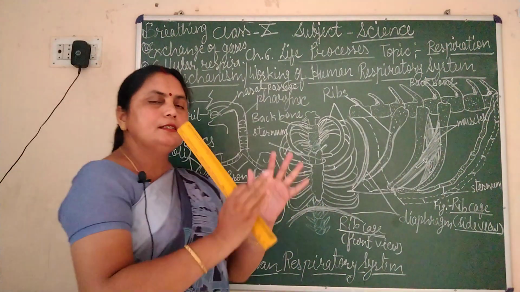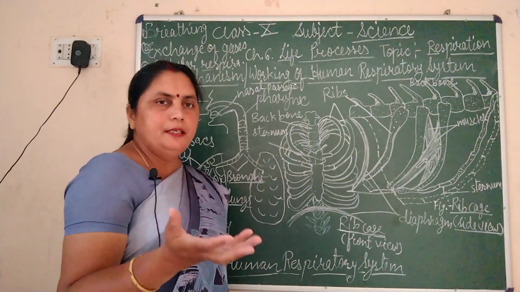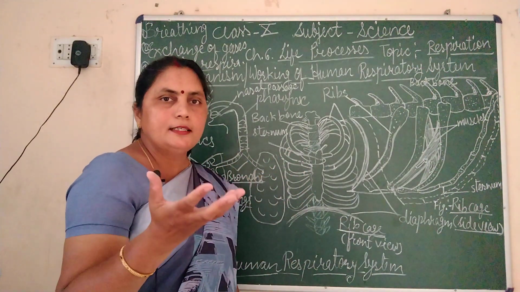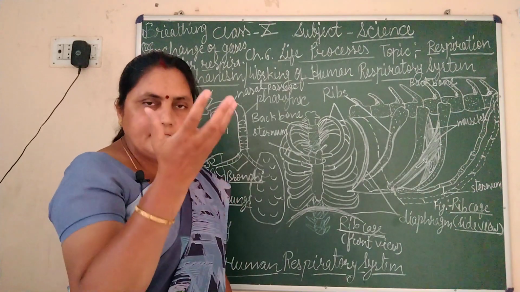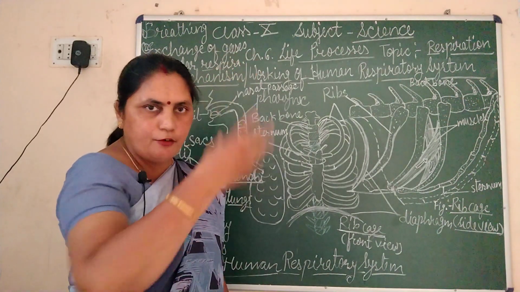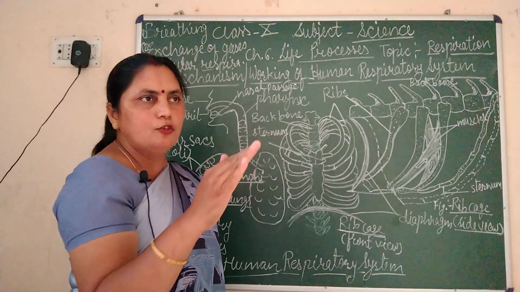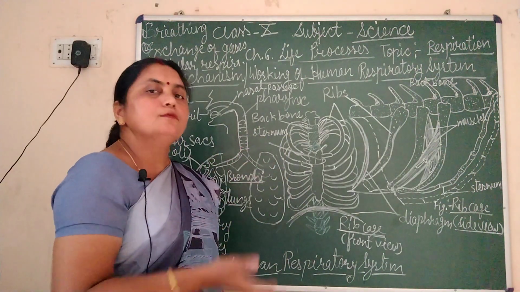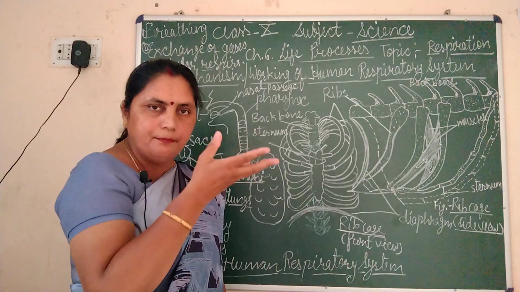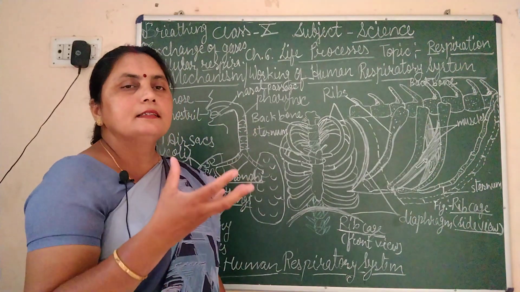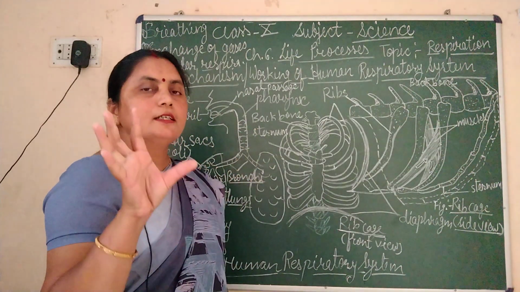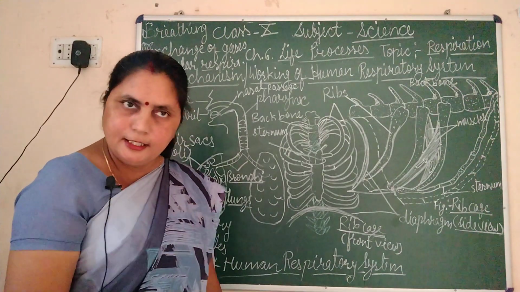So when it comes in the shape of a dome, it has moved upward. As a result, the volume of the thoracic cavity has decreased.